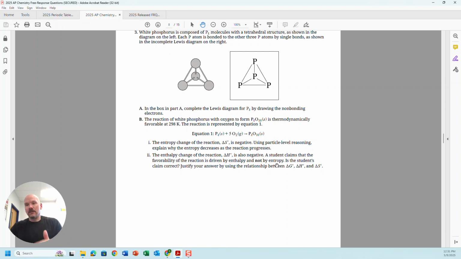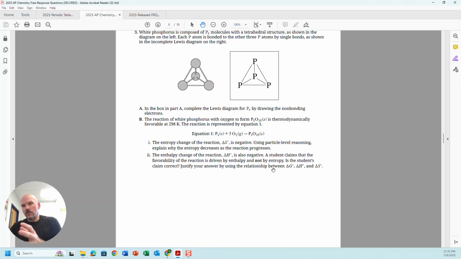A positive delta S is favored in terms of entropy. So whenever you have a negative delta S and the reaction is favored, it's never favored because of the entropy change. If you ever have a positive delta H and the reaction is favored, it's not favored because of enthalpy, okay? So we agree with the student. Enthalpy is driving the favorability of this reaction, not entropy.